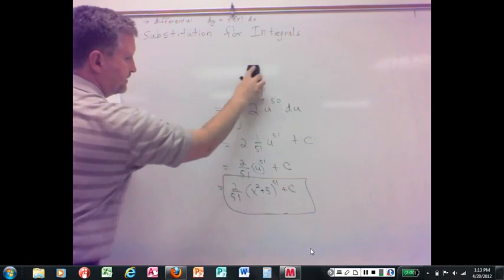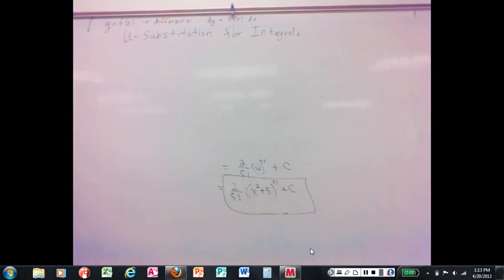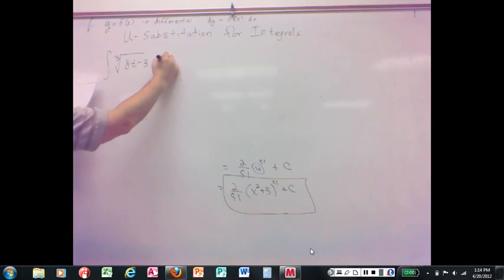Some of them are pretty well straightforward, others take, of course, a little more work. But it's the same general thing every time when we're going to use this u-substitution.